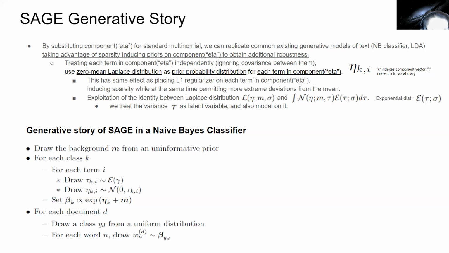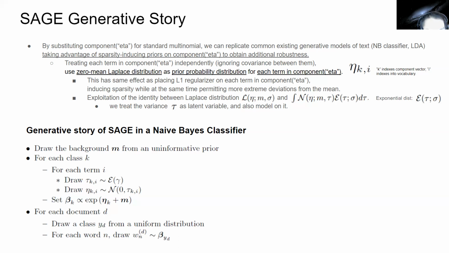Now the second part is the actual sampling, the generating part. For each document, we draw some class from a uniform distribution. It might be uniform because we really have no criteria for how to give weights to each class, so it's natural to think of it as randomly drawing a class.